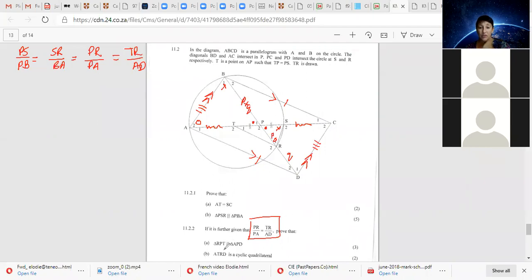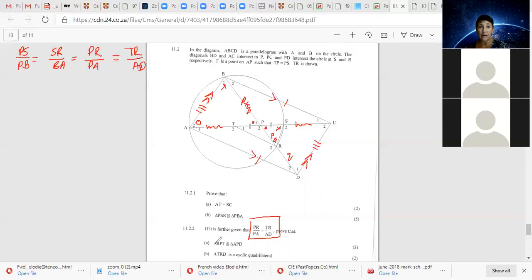They want you to prove that triangle RPT, this small one, is similar to APD, the big one. So the small one and the big one, we want to prove that those two are similar. Now, what sides are we using here for RPT and APD?